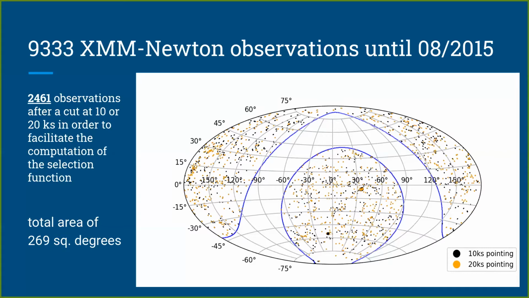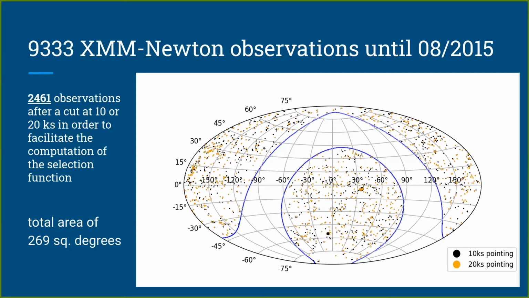So to start, to describe the catalog, first of all, we had more than 9,000 XMM-Newton observations up to August 2015, which we planned to process. And we ended up with 2,461 observations after a cut at 10 or 20 kiloseconds in order to facilitate the computation of the selection function.